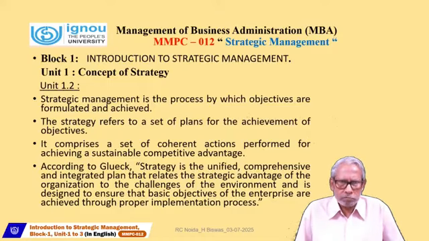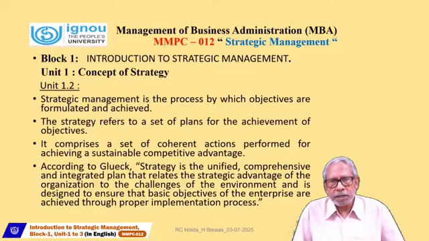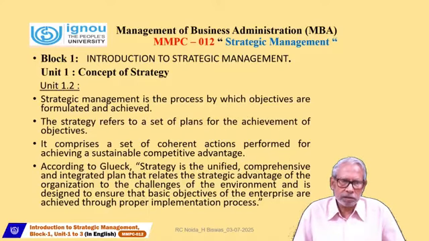According to the oblique, he says the strategy is a unified, comprehensive, and integrated plan that relates the strategic advantage of the organizations to ensure that basic objectives of the enterprise are achieved through proper implementation process.